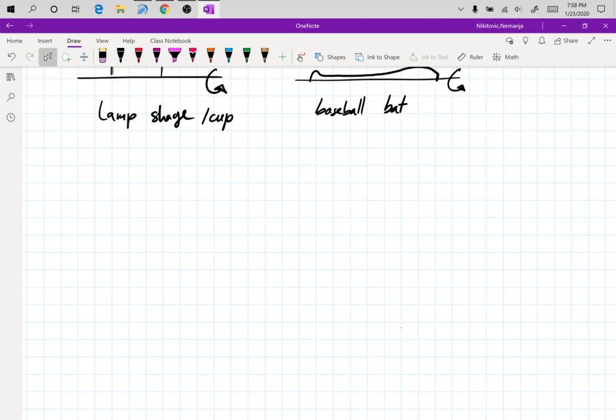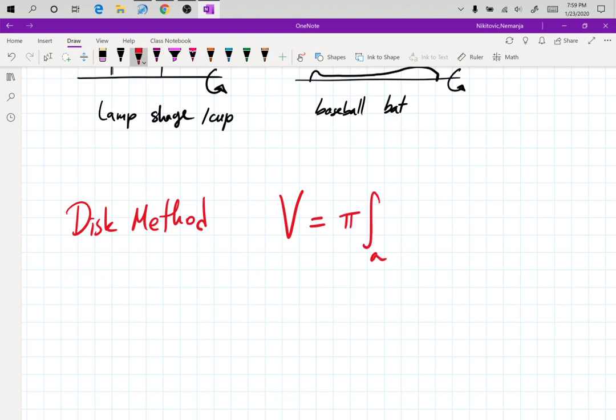Well, the way I teach this is I first write the formula and then I explain rather than derive it, because it's easier if you already see it written down. The formula that you will be memorizing and reasoning with for the disk method is volume equals pi integral from a to b of f of x squared dx if the rotation is on the x-axis, and we put a box on it.